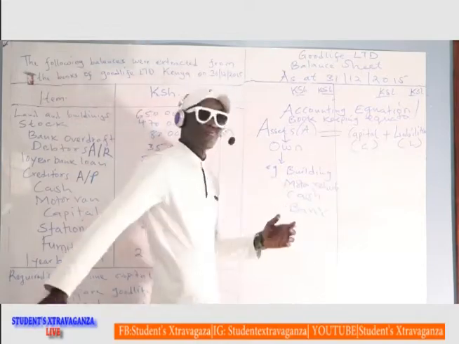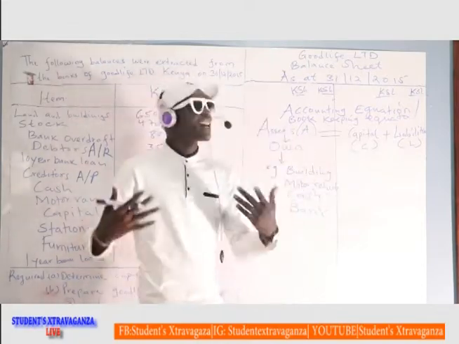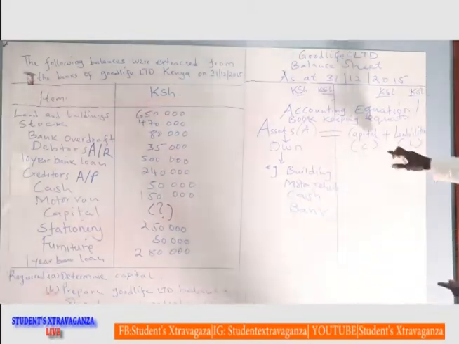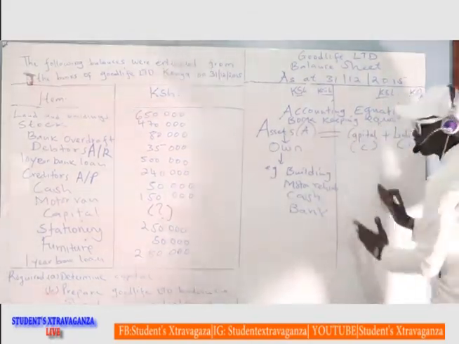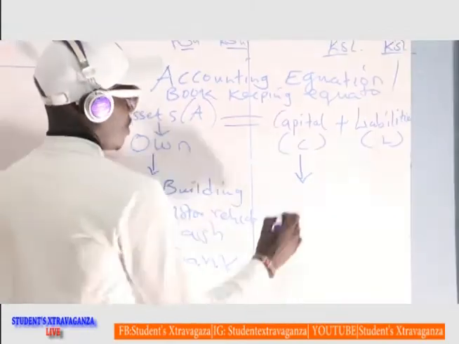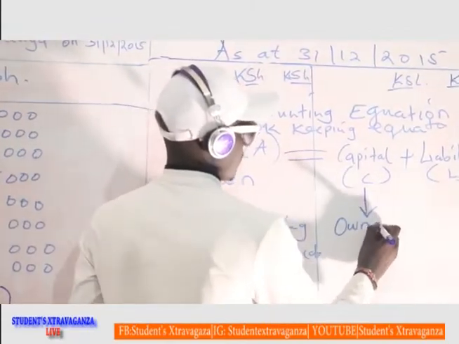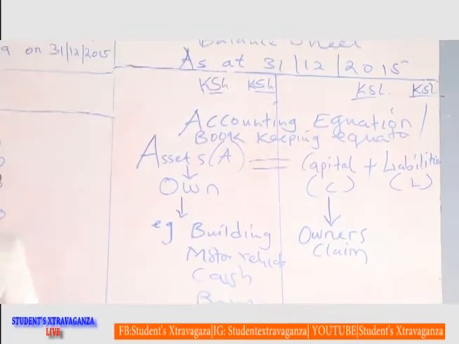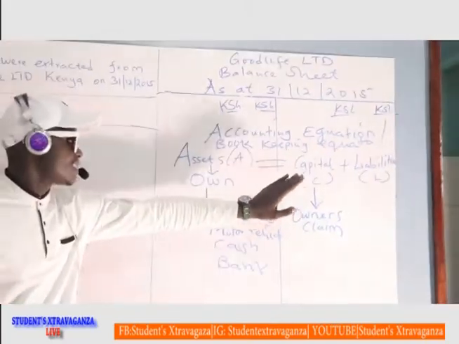Then capital is owner's claim. It is also referred to as owner's equity. In institutions of higher learning, it's called owner's equity. Owner's claim is what we refer to as capital.